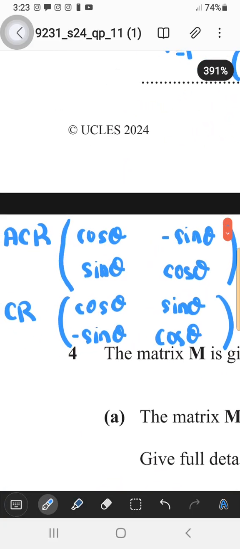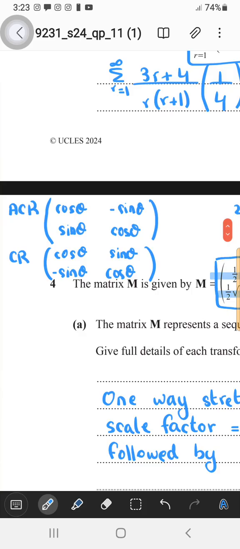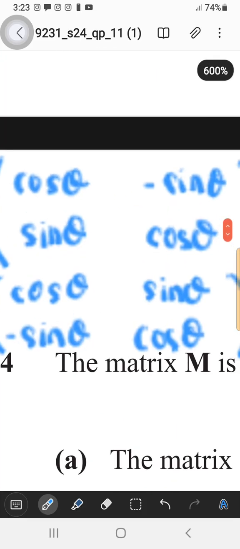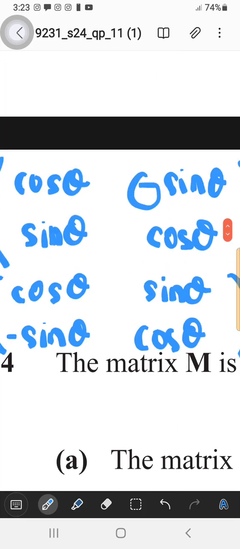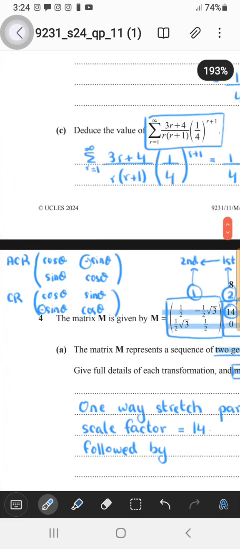So what is the difference? How can we discriminate the anti-clockwise rotation and clockwise rotation? We can discriminate: if the negative sign is here, then it is anti-clockwise rotation. If the negative sign is here, it is clockwise rotation. I hope you get my point.